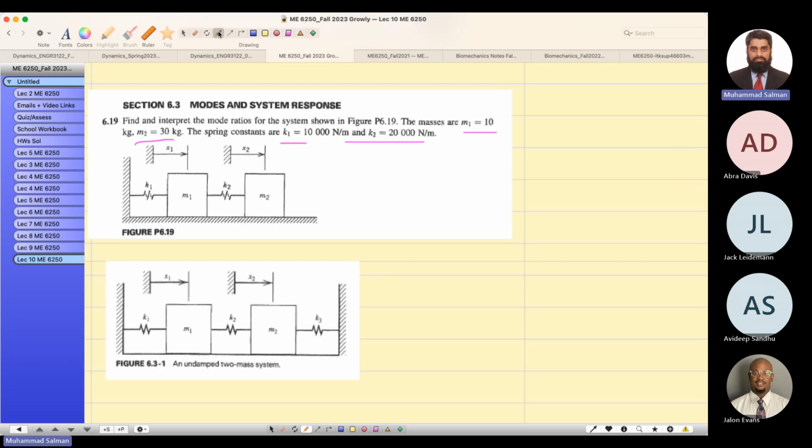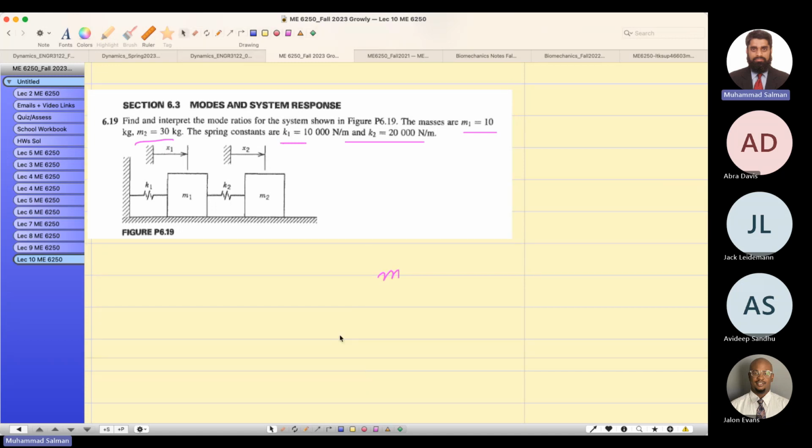So what is M1? I'm going to remove this here for the time being. So can I write down the equation of motion for this: M1 x1 double dot plus K1 x1 plus K2 (x1 minus x2) equals to 0.